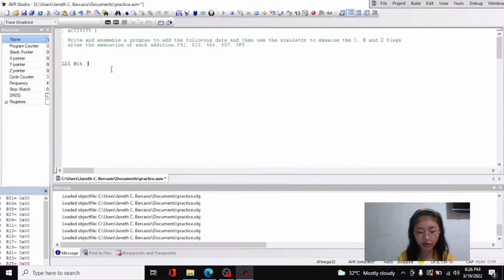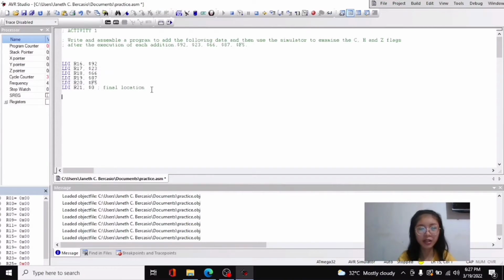I will start in R16 to store 92 hex, R17 to load 23 hex, LDI R18 to load 66 hex, LDI R19 to store the data 87 hex, LDI R20 to load the data F5, and I will assign a register, R21, to serve as my sum location, or the final destination of the sum of these data.